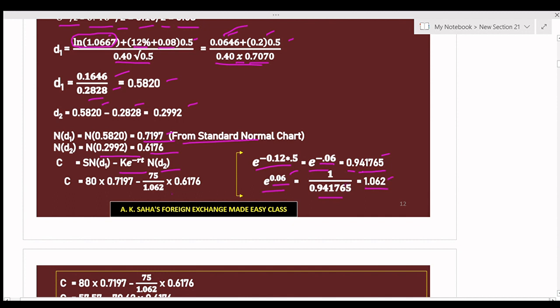So C is equal to 80, S, into ND1. ND1 value is 0.7197, minus 75, K, by e to the power RT, 1.062, into ND2. ND2 is 0.6176.